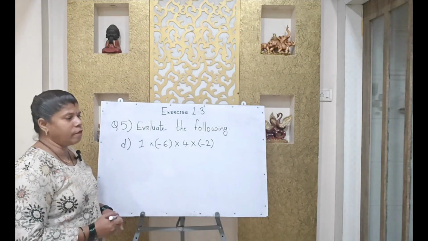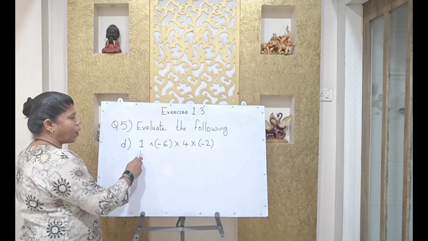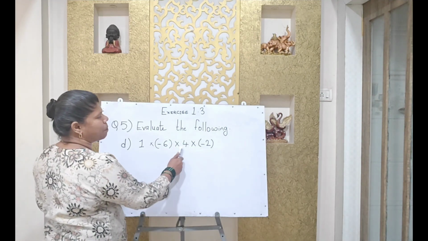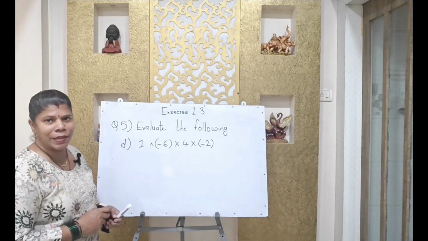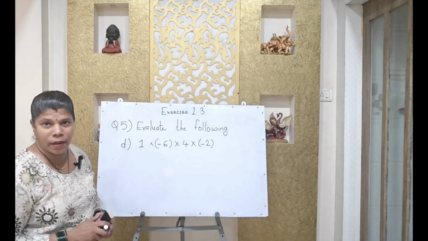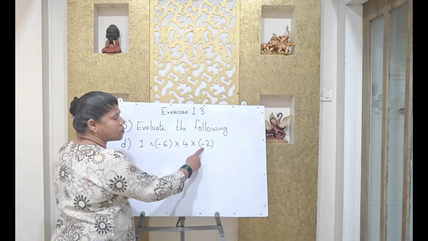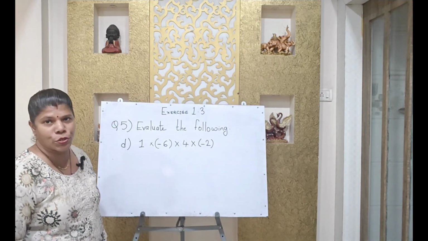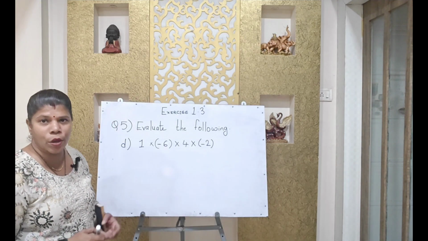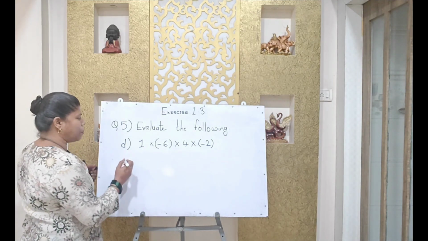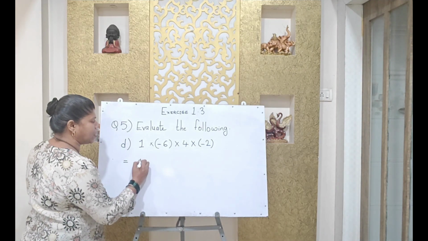Question number 5d. 1 multiplied by minus 6 multiplied by 4 multiplied by minus 2. The first rule when we are solving the sum is to find out the sign. There are 2 negative signs, so the answer is positive. 2 negative signs, 2 same signs, you can say the answer is positive. We can simplify by writing the negative signs near each other.